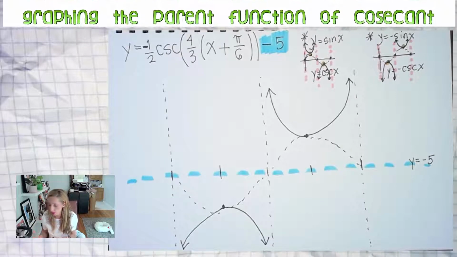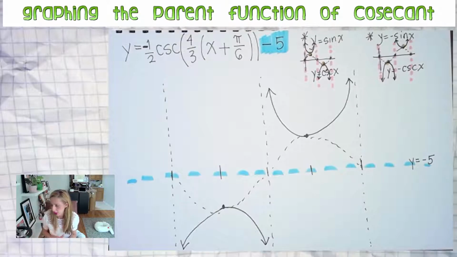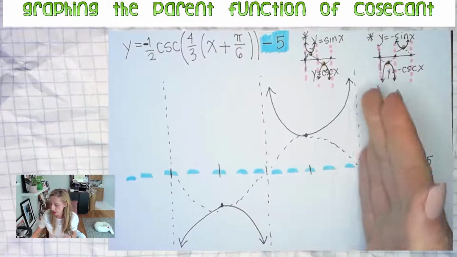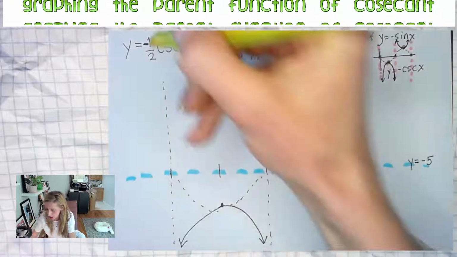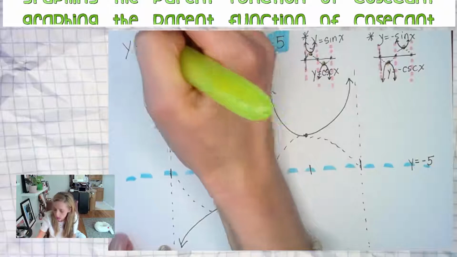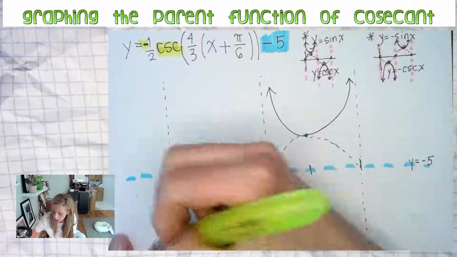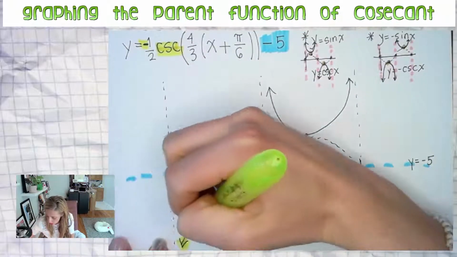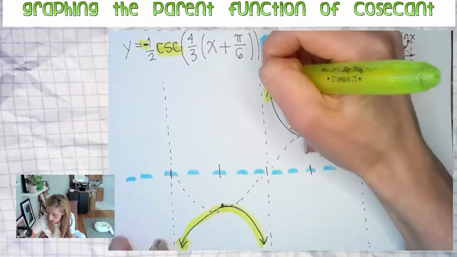Where did they come from? Can you cross it? Can you definitely not cross it? In this case, we cannot cross it. So we took care of the negative because we had that negative shape, and we took care of the cosecant because we graphed what cosecant would look like in this situation.